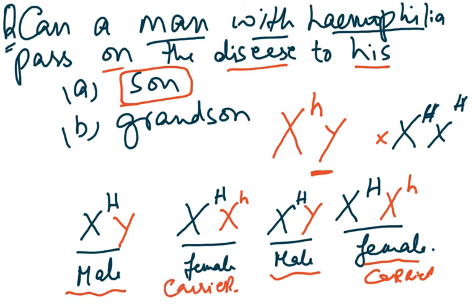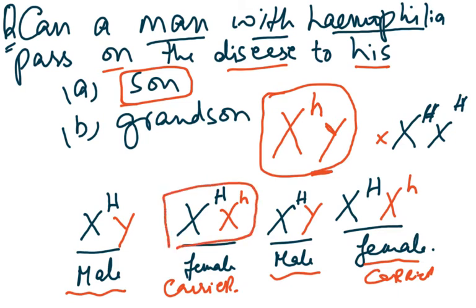So this man with hemophilia cannot pass it on to his son, because a son is a son because he gets the Y from his dad. But he has of course given it to his daughters. Now these daughters are going to give it to their offspring. So you can see how this is going to be transferred to the next generation, just because the grandparent had it. So yes, it cannot be passed to the son, but it can be passed to the grandson.